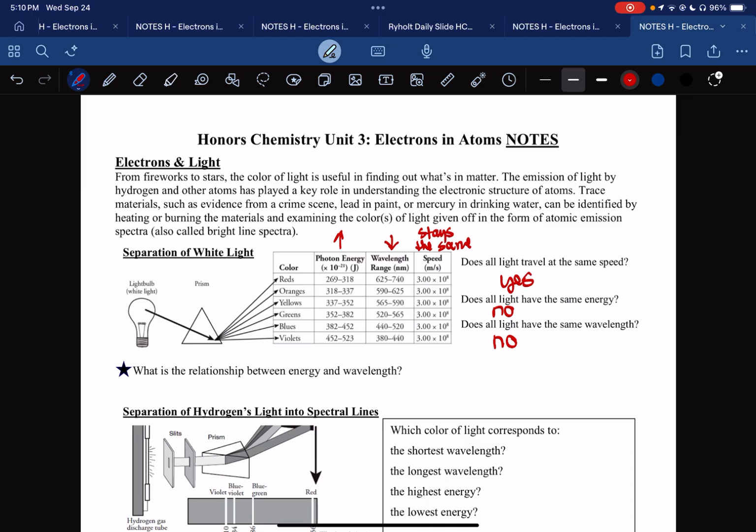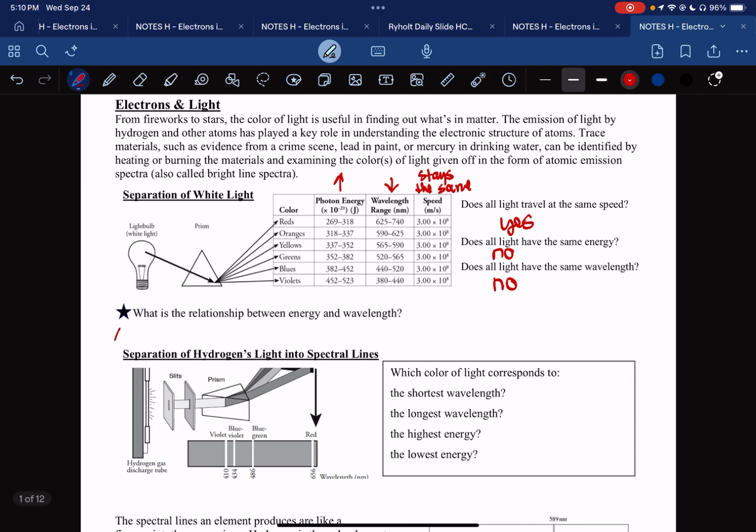And now it's asking, what is the relationship between energy and wavelength? This is a really important concept here. We have our energy increasing as we move down, and our wavelength decreasing. The wavelength is the measurement in nanometers between two peaks of a wave, like from here to here.